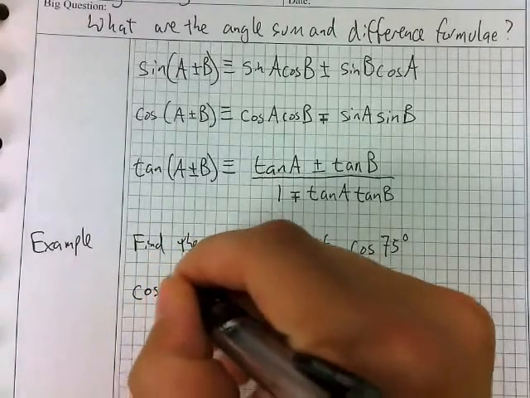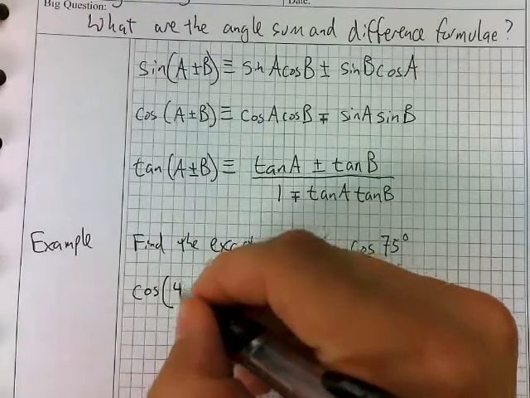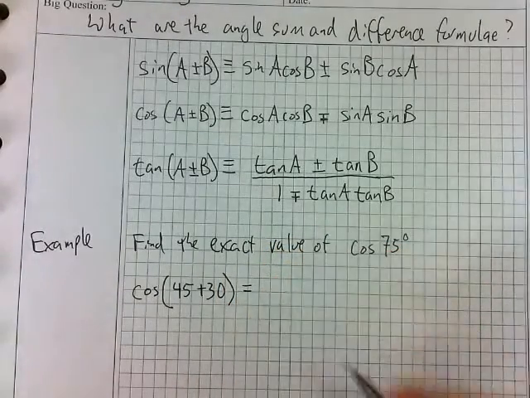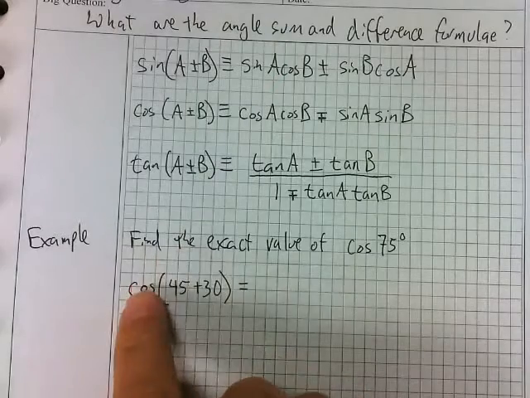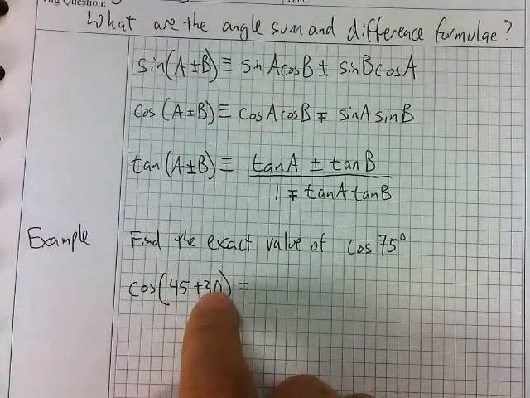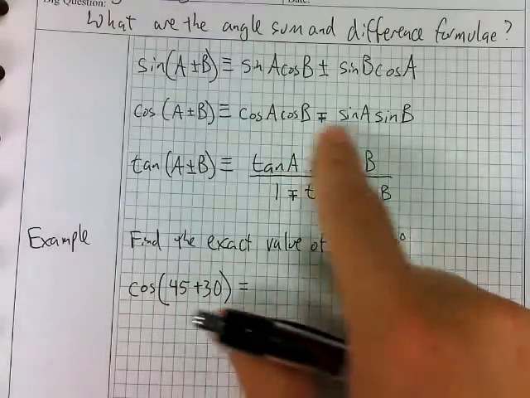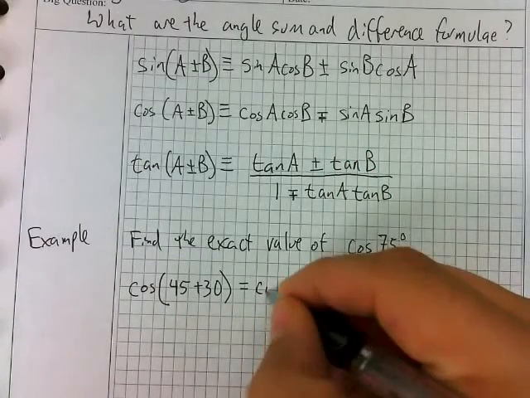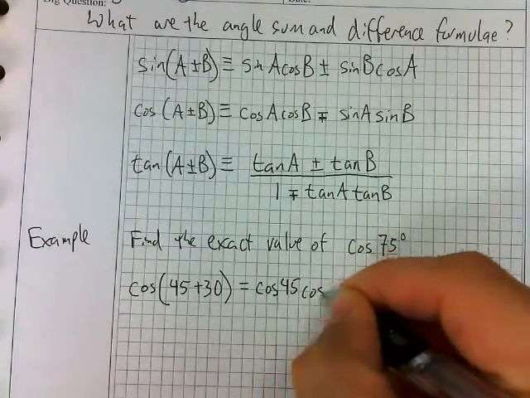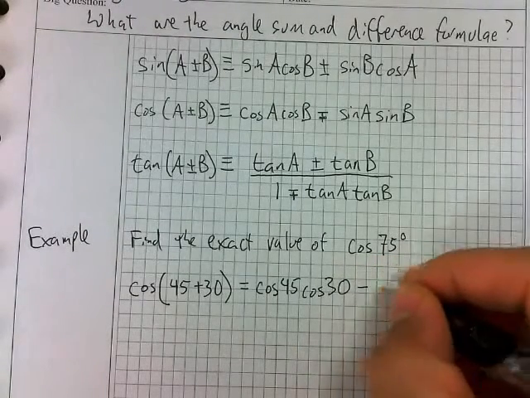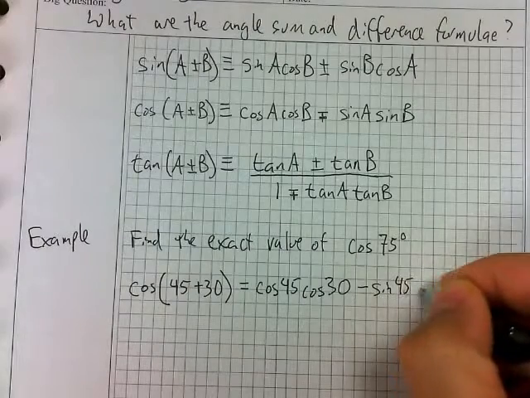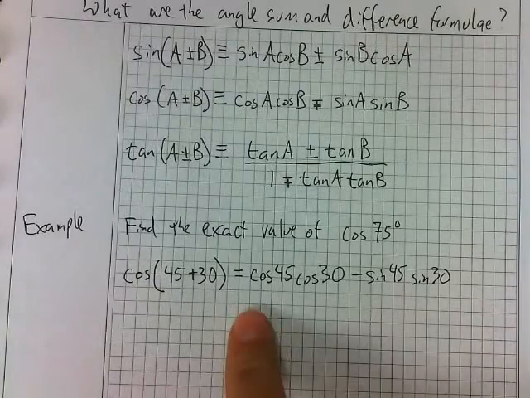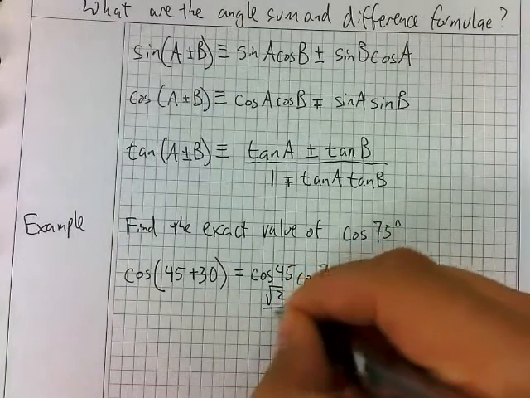So instead of thinking of this as cosine 75, I think of it as cosine of 45 plus 30. Then I can find the exact value, because I do know the value of cosine 45, cosine 30, sine 45, and sine 30, and those are all the things I need to use this formula. So it's going to be cosine 45 times cosine 30 minus sine 45 sine 30. Cosine 45 is root 2 over 2.